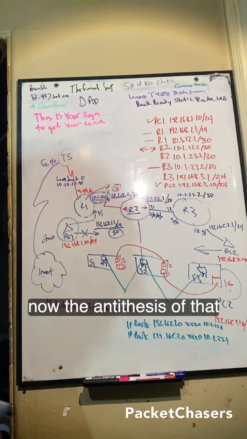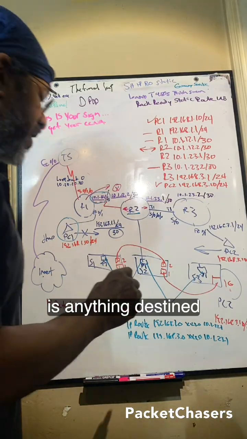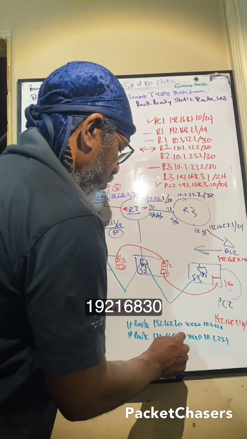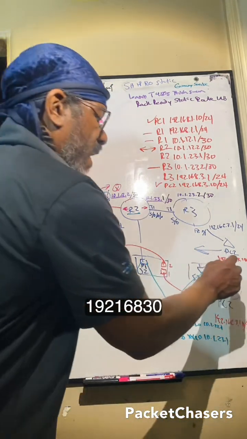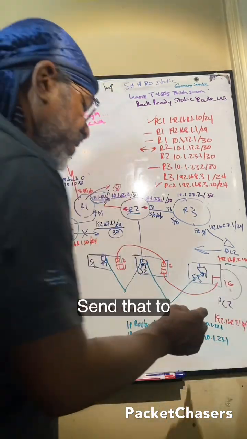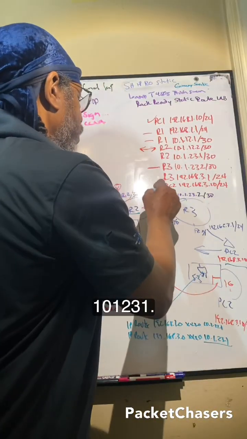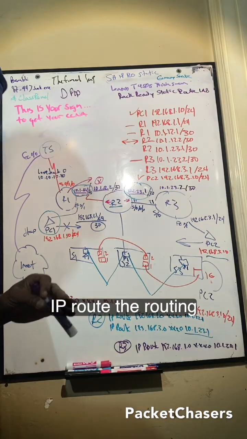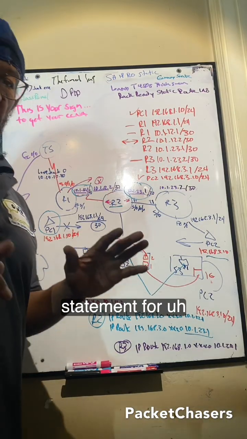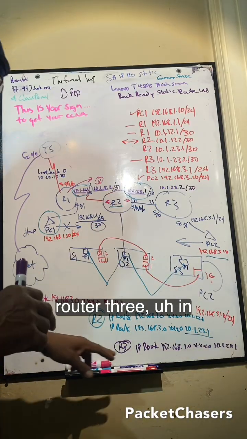Now, the antithesis of that is anything destined for the 192.168.3.0 network, send that to 10.1.23.2.